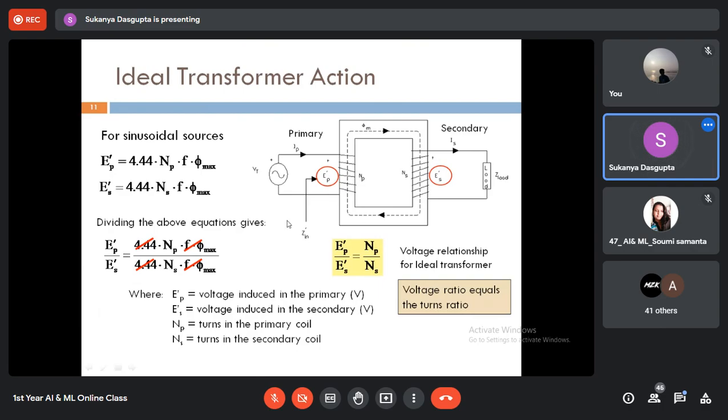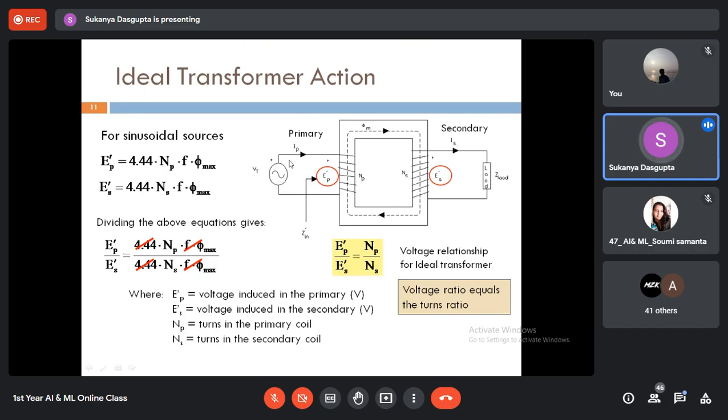And here is the basic block diagram of a single phase transformer. You can see the two windings wrapped around the same core, which contains the mutual flux phi m, and this phi m is generated because of the alternating voltage Vp and the alternating current Ip flowing through the primary coil.